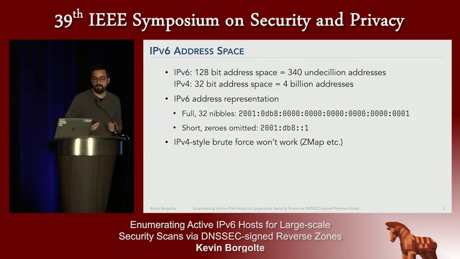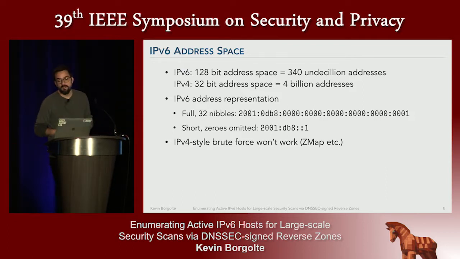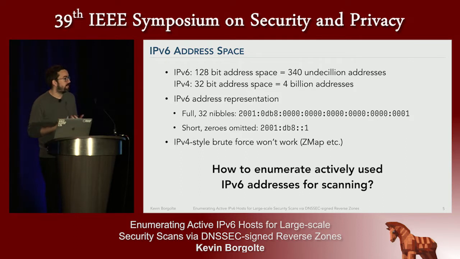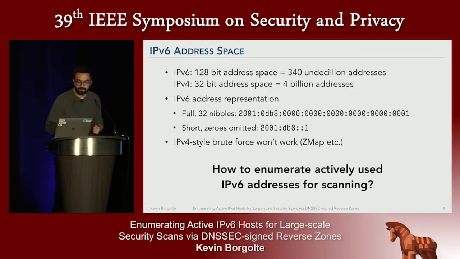So the IPv4-style brute force scanning that we're used to, as in the case of ZMap, doesn't really work anymore. So is there some way that we can enumerate IPv6 addresses, or part of the IPv6 address space, that we could use for scanning, basically to narrow down the search space initially?